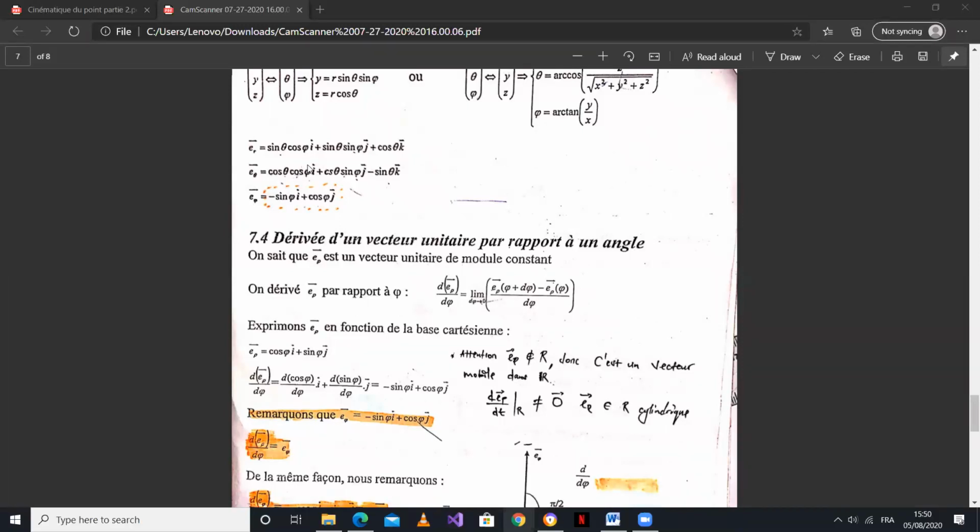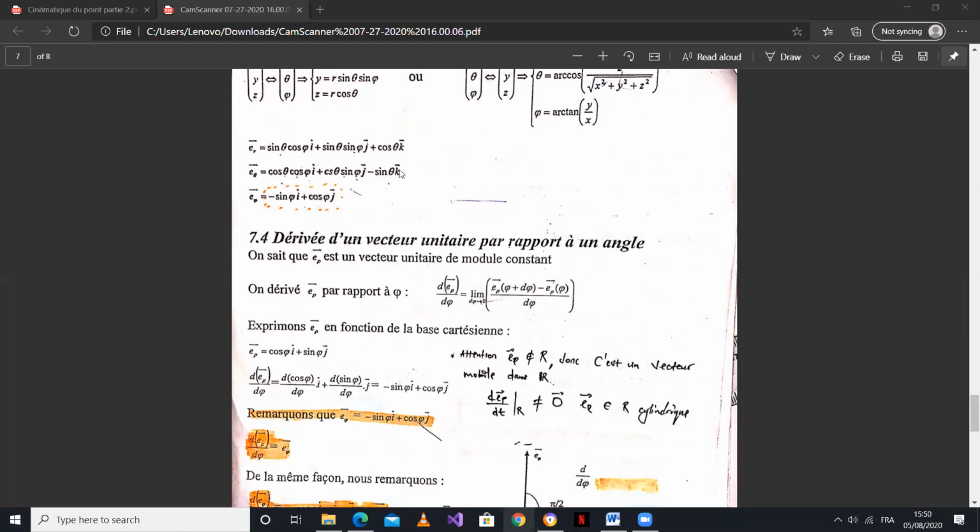He said he found cos theta cos phi. Look at the values for e_theta. So he's begun with cos theta cos phi i plus cos theta sin phi j minus sin theta in the direction k.